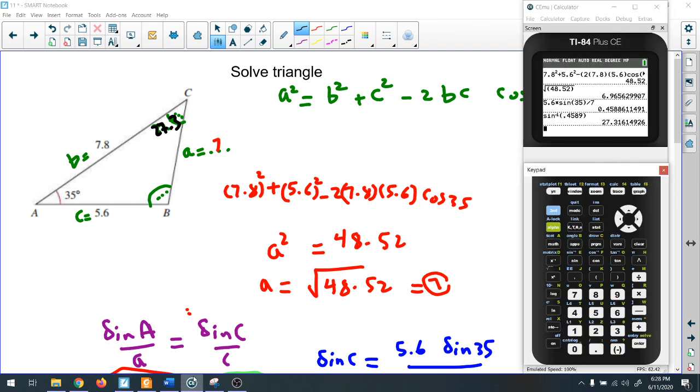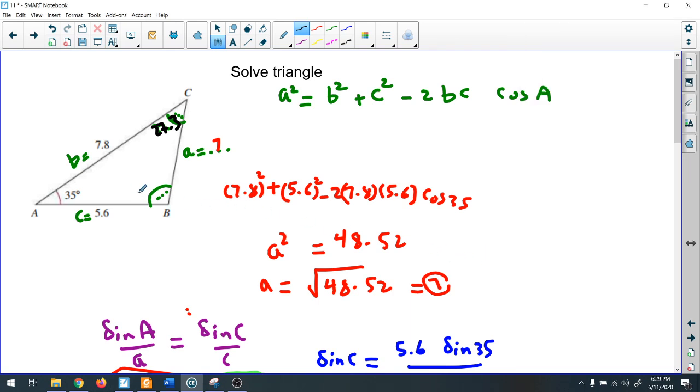So let's do that here: 180 minus the sum of 27.3 and 35, and it will be 117.7 degrees. So we got all missing angles and all missing sides.